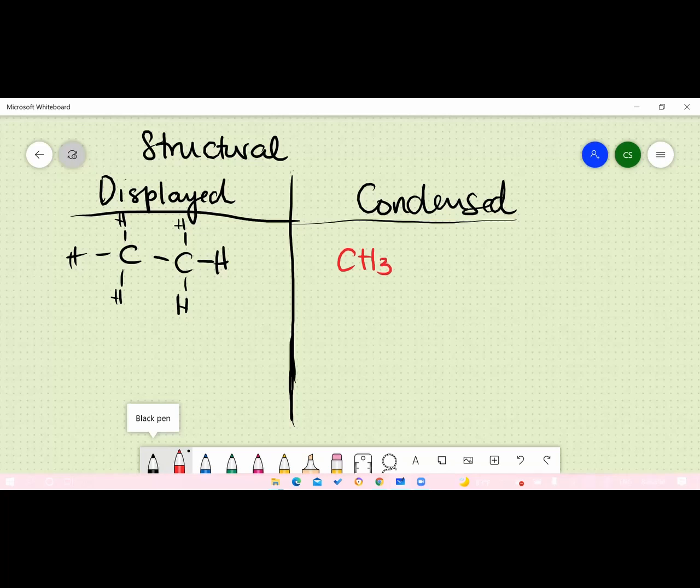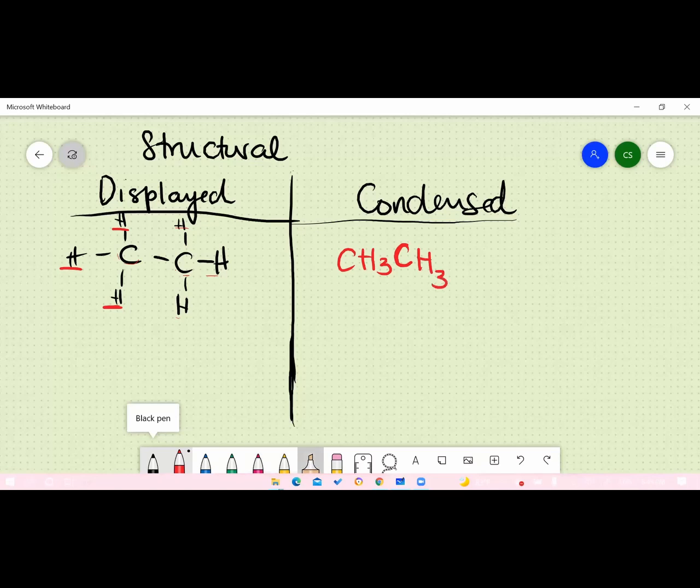Correct. So the condensed formula would be CH3, because on this carbon you have 1, 2, 3 hydrogens and another carbon attached. So you'd put another C. Then to this carbon, you have 1, 2, 3 hydrogens, so H3.